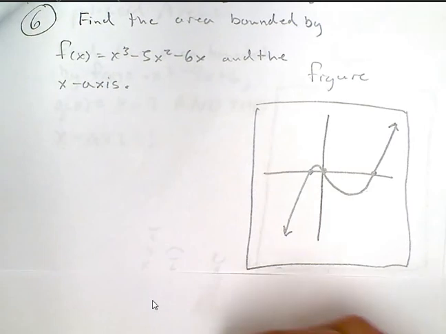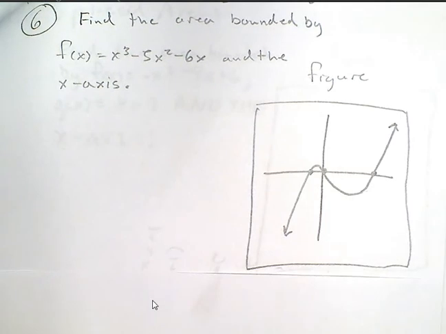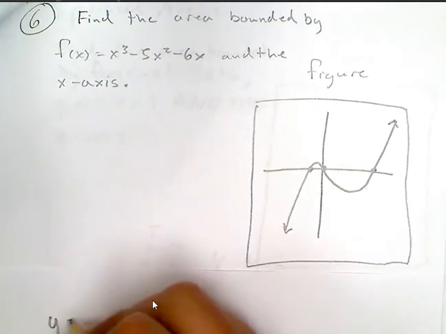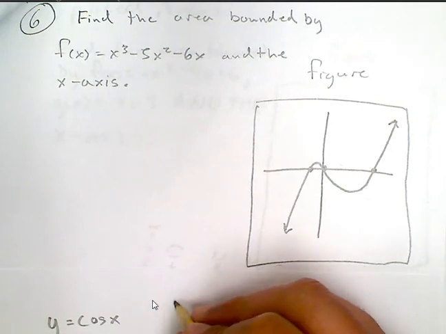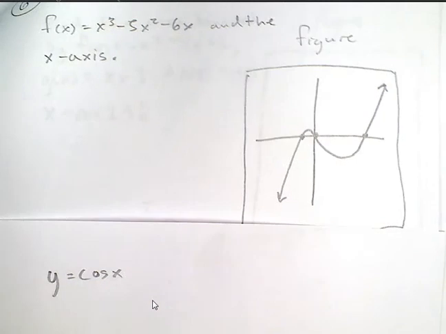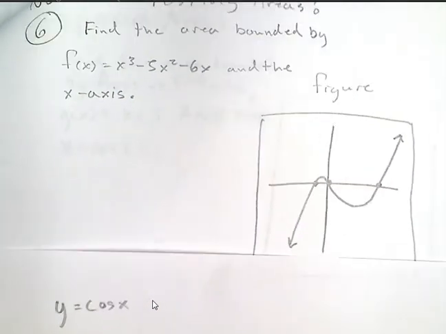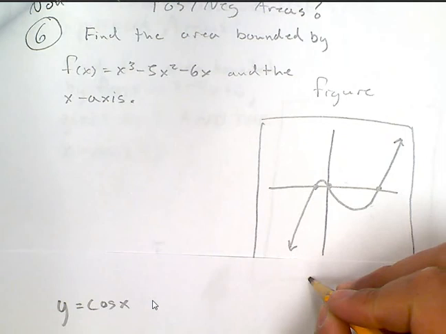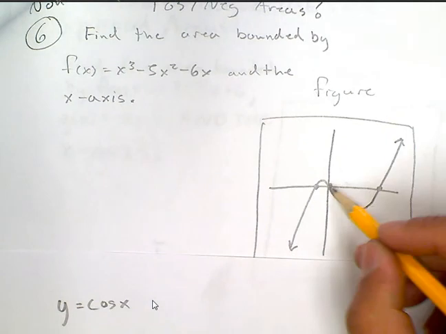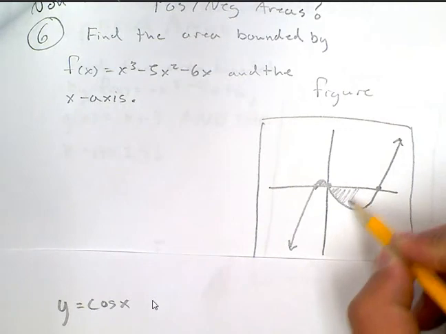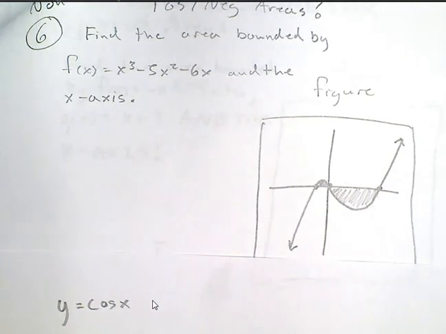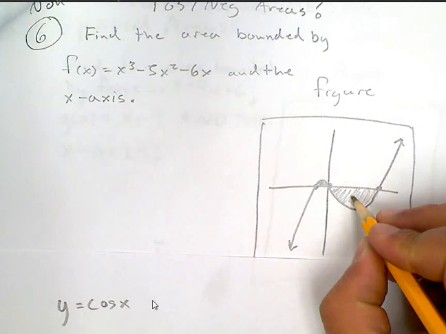Let's say I have a function such as cosine x. Let's say I want to find the area. Basically, you have positive area here, you have negative area here. On the video for the notes, I said to make the negative area positive.